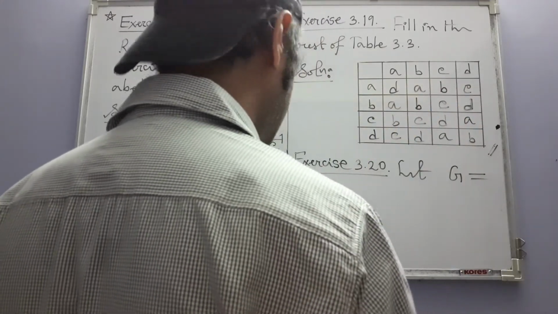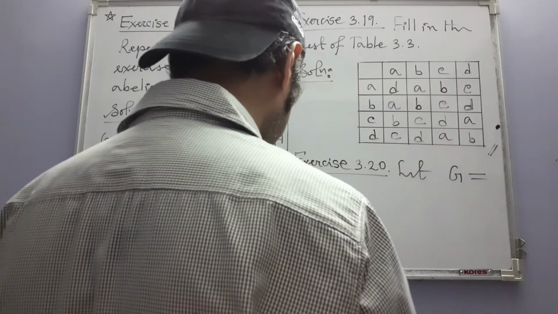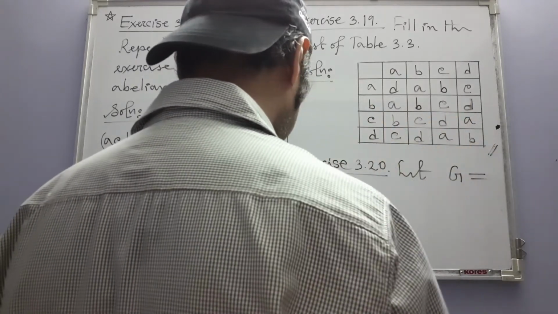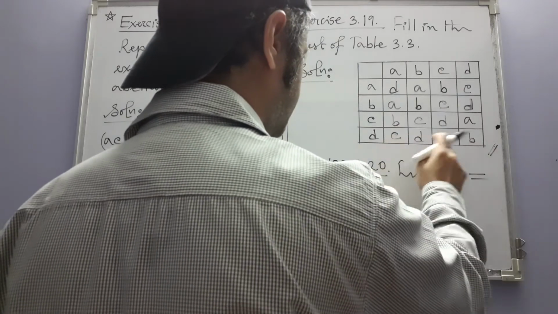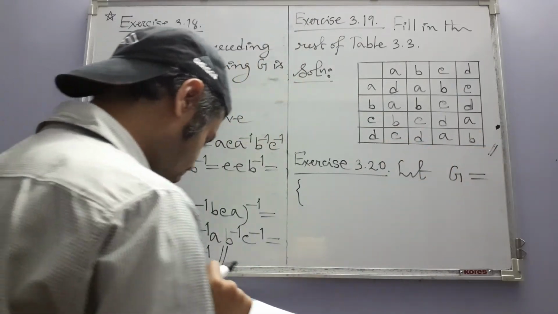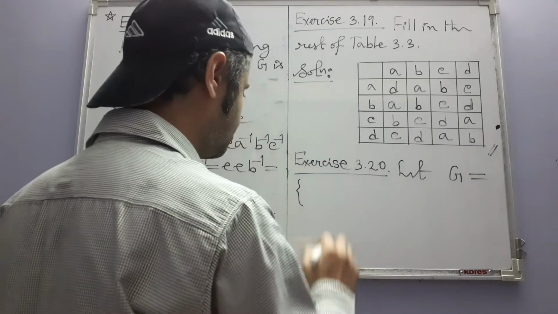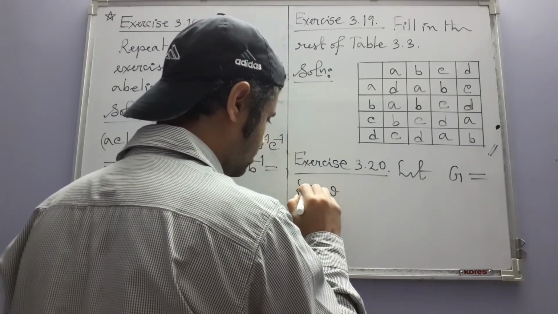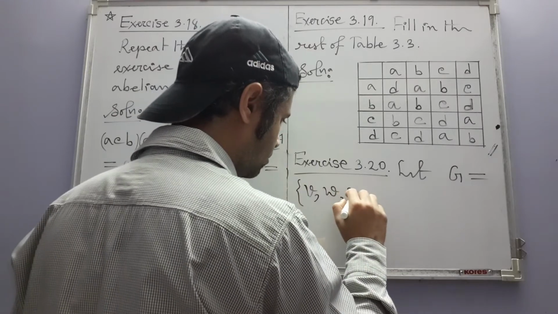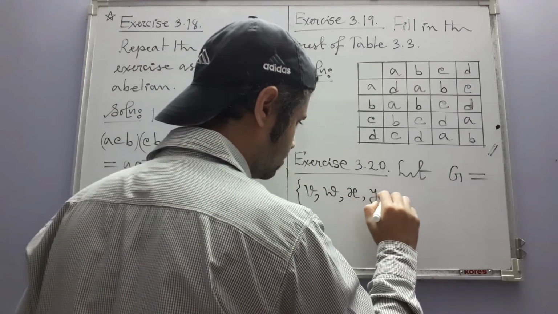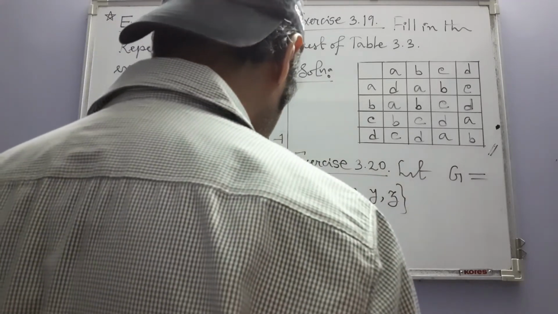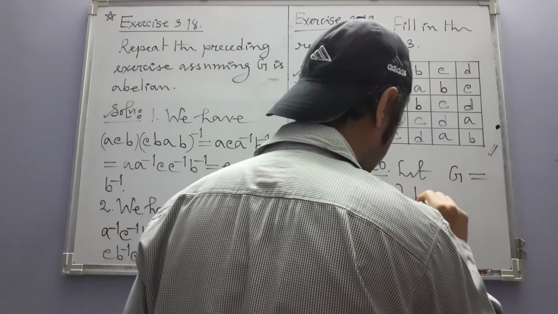A, B, C, D, A, B, C, D, B, C, D, A, B, C, D, A, and C, D, A, B. Yes. G, Phi, W, X, Y, Z, be a group with 5 elements.